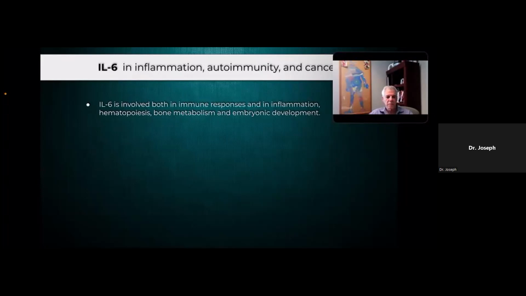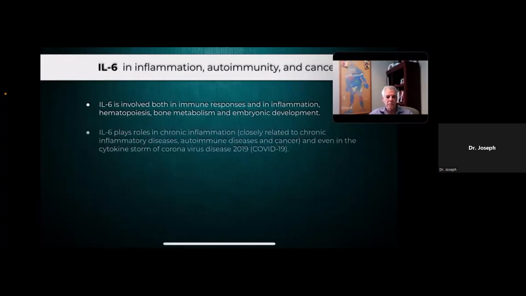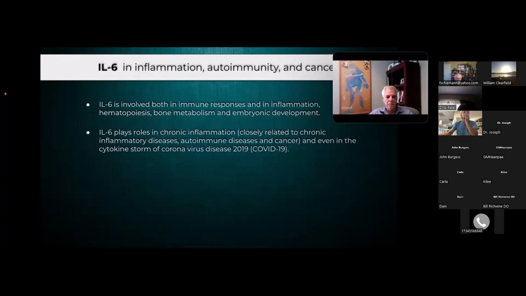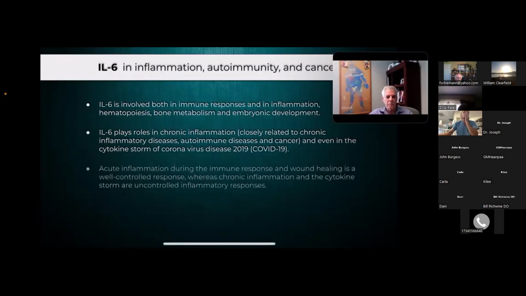It's involved with different things, the good, the bad, the ugly, and they're not necessarily related to each other. Interleukin 6 plays roles in chronic inflammation, closely related to chronic inflammatory diseases, autoimmune diseases, and cancer, which is my point. And even in the cytokine storm of coronavirus disease 2019. Thanks to COVID, I think I understand this stuff better, unfortunately.